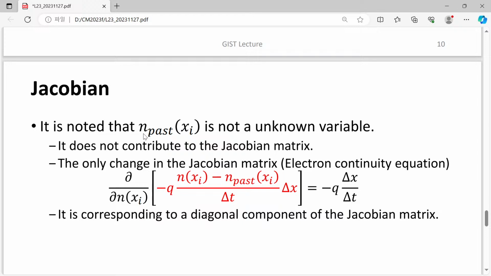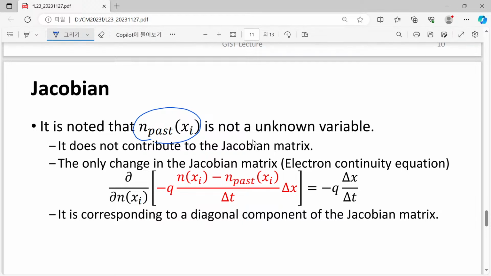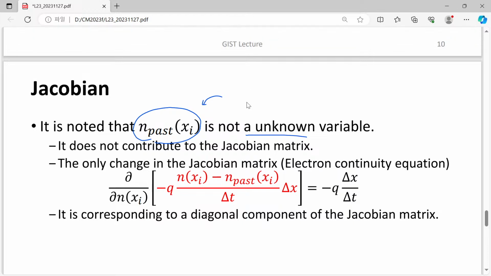Please note that this past value is no longer an unknown variable. Previously, it was an unknown variable. However, since that time has already passed and this is now just a given number, we don't have to consider the time partial derivative with respect to this number.